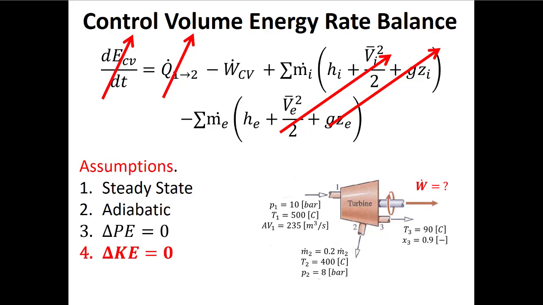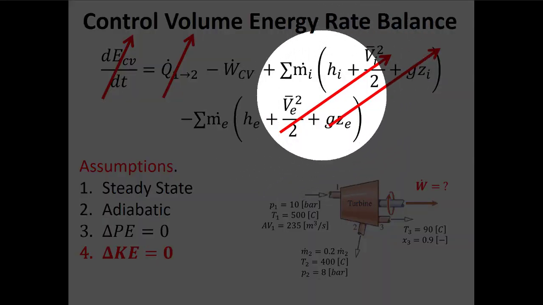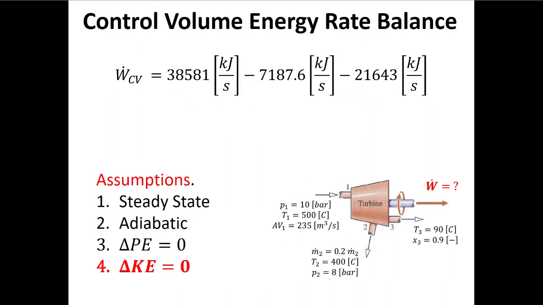Now, a lot of times when we deal with turbines, we're going to make the assumption that the change in kinetic energy doesn't matter. Even though from our conservation of mass equations we found the velocities at state 1, state 2, and state 3, what if we just said from the outset, because now we've seen that they didn't make much of a difference in each of those individual terms, that the change in kinetic energy was not important in a problem like this?